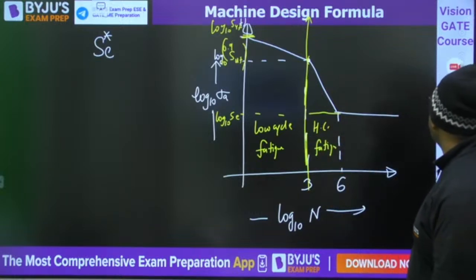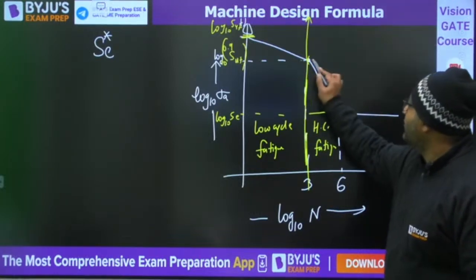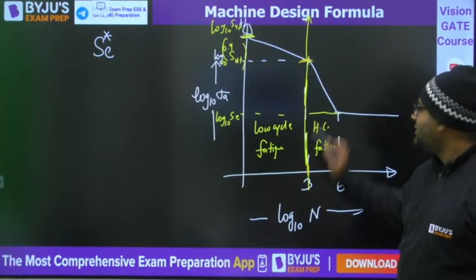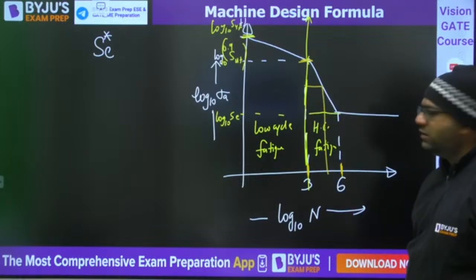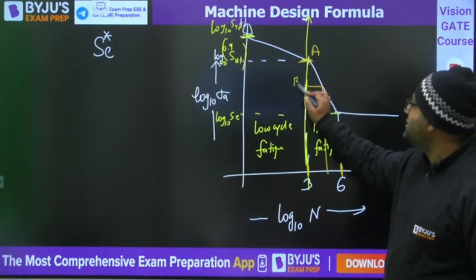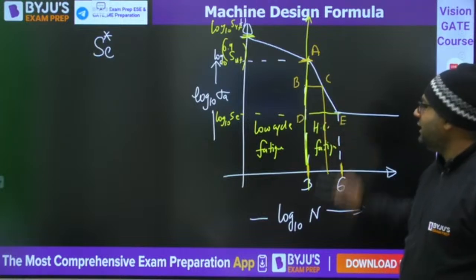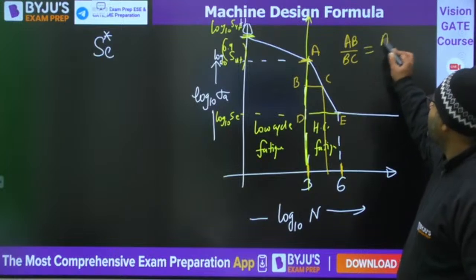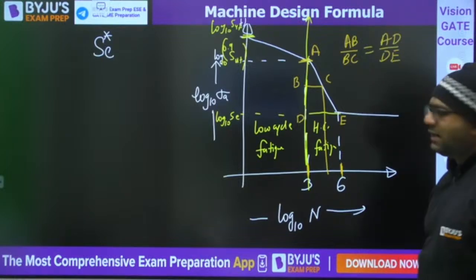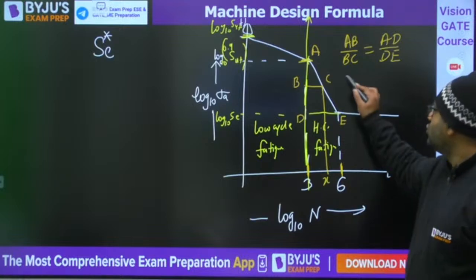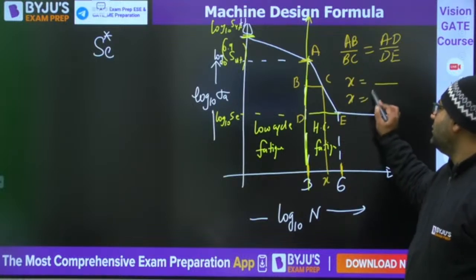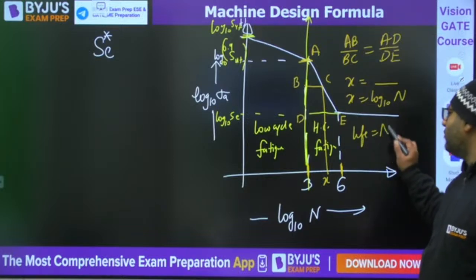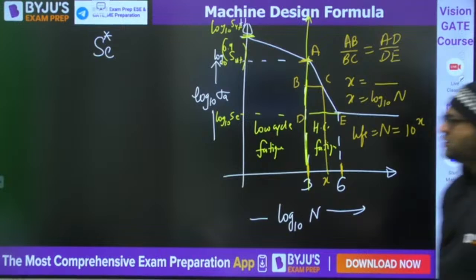Everybody knows that if the question says this is given, this is given, and this is also given, and they ask you for this value of stress what would be the life, then you take triangle ABC and triangle ADE, use the similarity, and write AB by BC equals AD by DE. When you use this, you can get the unknown. Let us say this is X, so you get the value of X. X is nothing but log base 10 n. So your answer for the life is the number of revolutions as 10 to the power X.